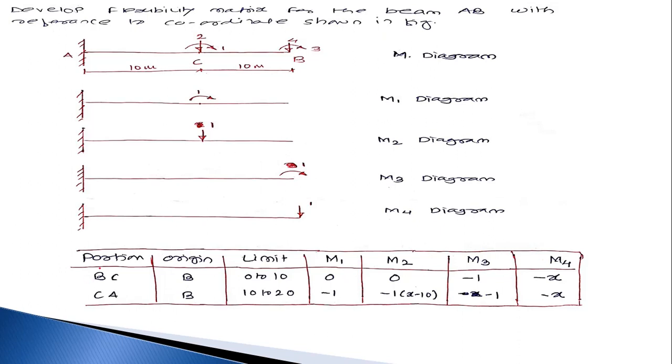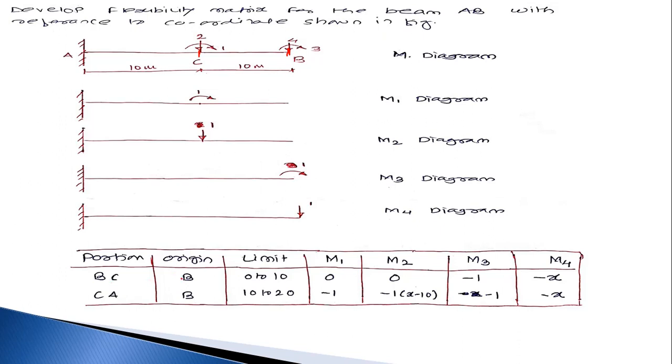First portion is B to C, so our consideration is B to C. Consider origin B. Between B and C the distance is 10 meters, so the limits will be 0 to 10. If you start from point B it starts with 0, and at C it ends with 10.